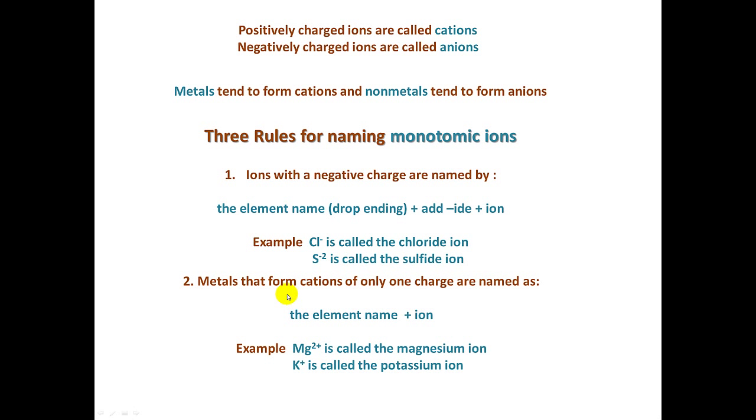Number 2, metals that form cations of only 1 charge are named as the element name plus the word ion. So for example, when magnesium loses 2 electrons, it becomes the magnesium ion. When potassium loses 1 electron, it becomes the potassium ion.